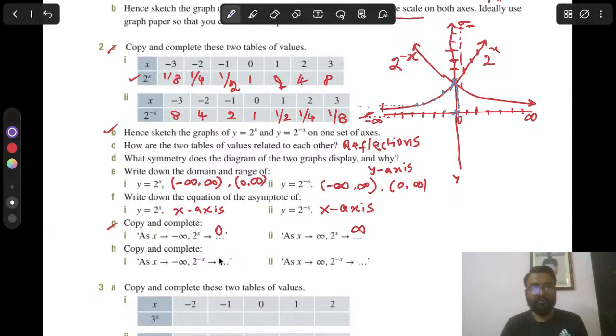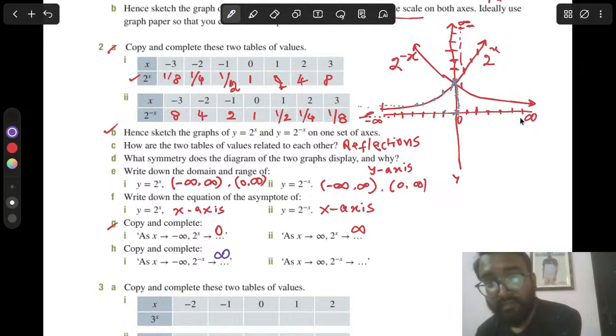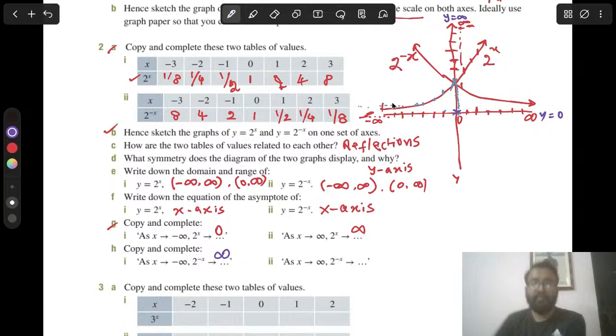Very good. As x extends to infinite, where is your 2 power minus x going? 0. So this is actually y equals 0, the entire line y equals 0. This is y equals infinite. Okay, so it is 0.